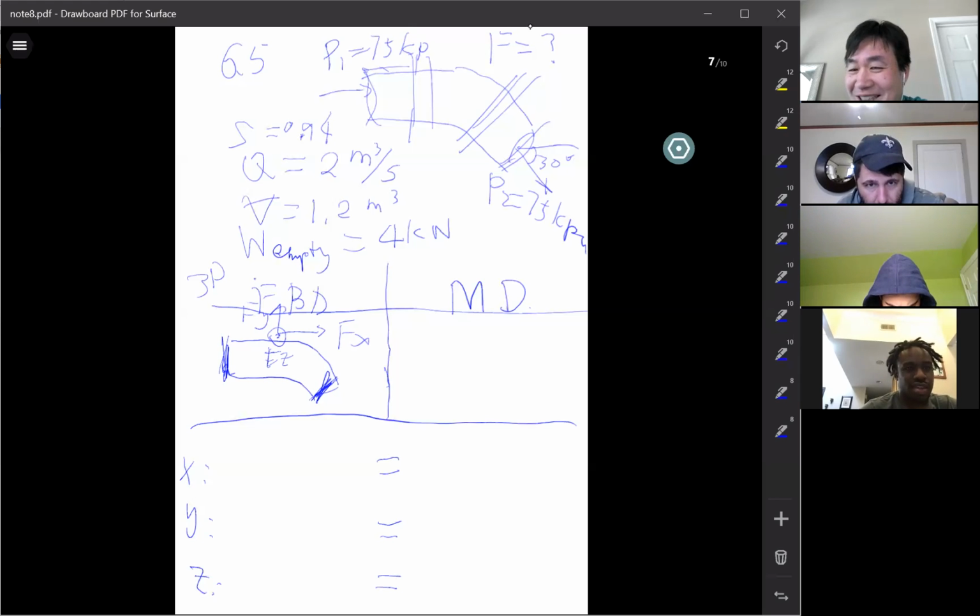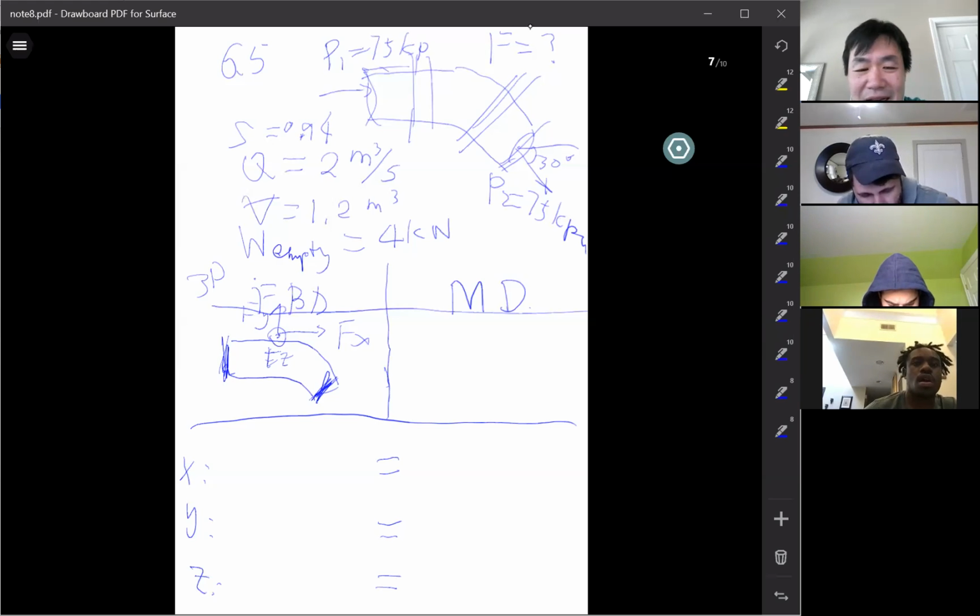The force required to hold it, see? For a more difficult problem, it's difficult to tell. You don't want to spend any second at the beginning of the problem thinking about the direction of the force required to hold it. Don't waste that second. Put an arbitrary positive direction for your Fx, Fy, Fz.